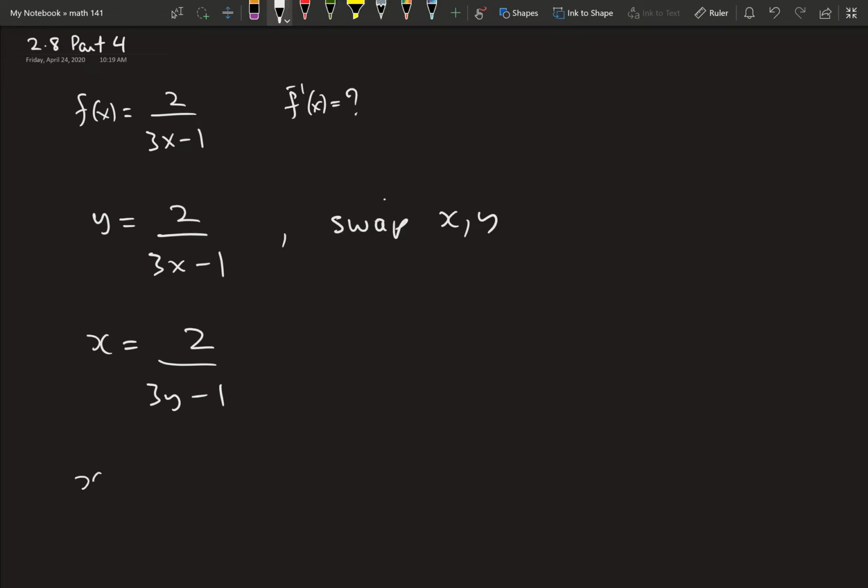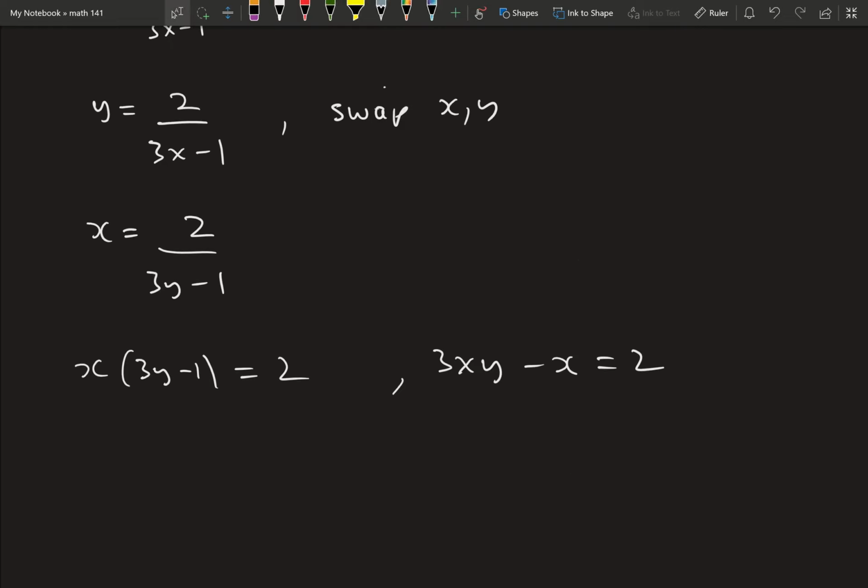If we cross multiply, we get x times 3y minus 1 is equal to 2, or 3xy minus x is equal to 2. So then we get 3xy is equal to x plus 2 by adding x to both sides here.